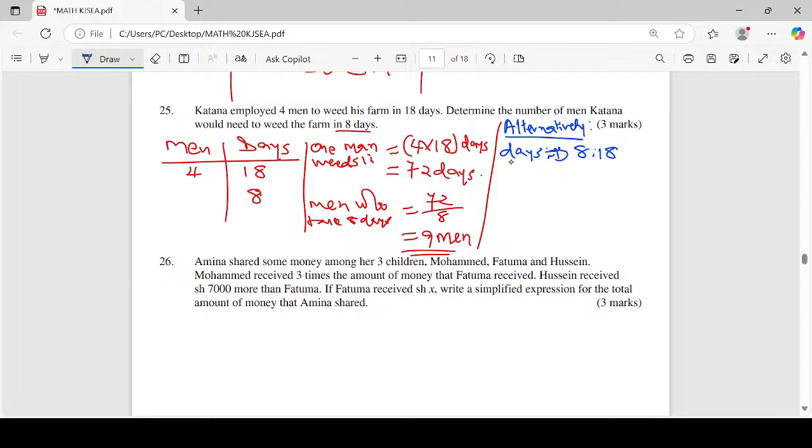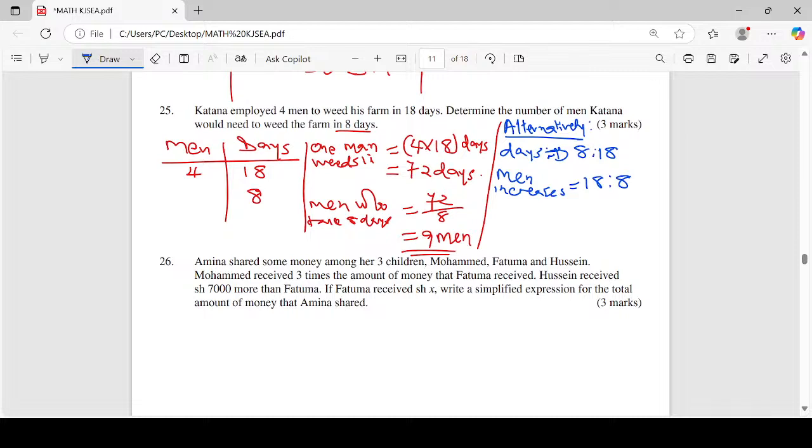Therefore, because the number of days has reduced in the ratio 8 is to 18, then the number of men increases in the ratio 18 is to 8, because this is inverse proportionality.